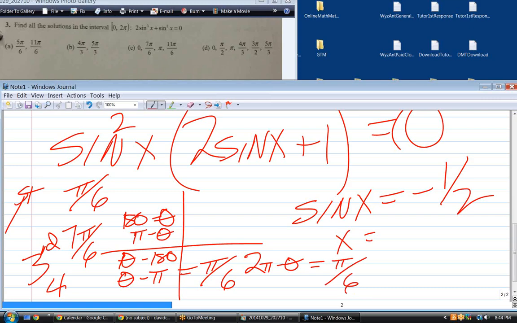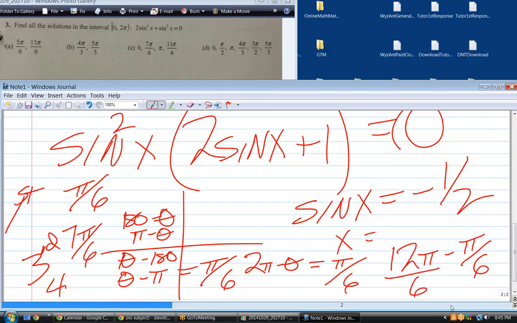What's 2 pi minus pi over 6? Is it 5 pi over 4? It's 11 pi over 6. Think about 2 pi minus a pi over 6. We have to find a common denominator, which is 6, so that's 12 pi over 6. 12 pi over 6 minus 1 pi over 6 is 11 pi over 6.